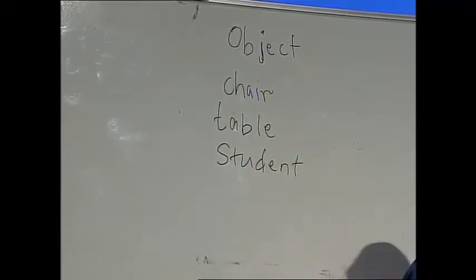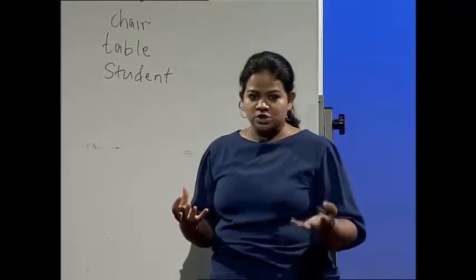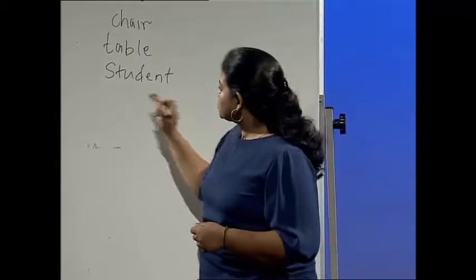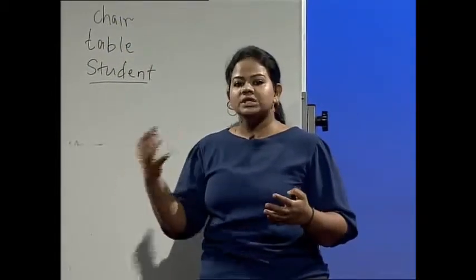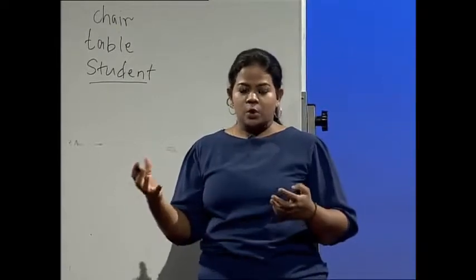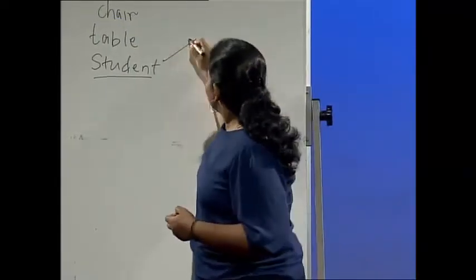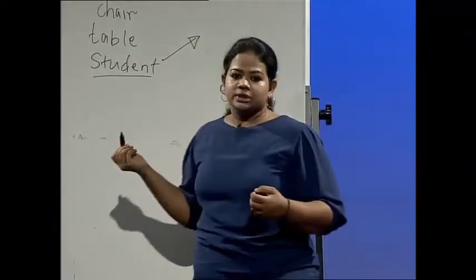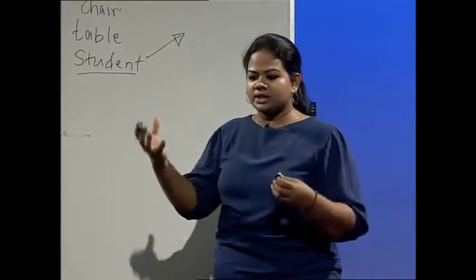And we can go on, because everywhere we see, it is considered as an object. So, let's take this as an example of an object, and we will consider the attributes, or rather the properties, and the methods.